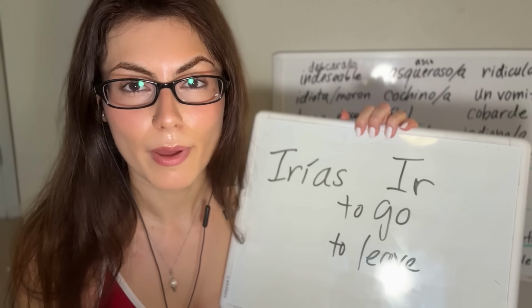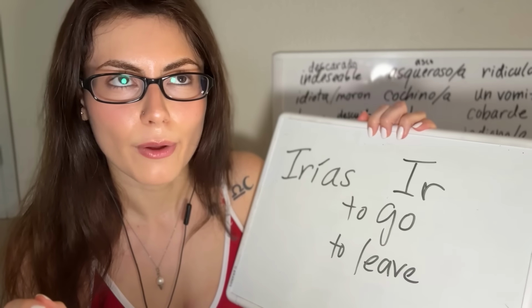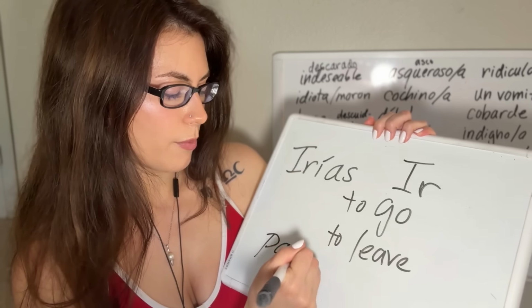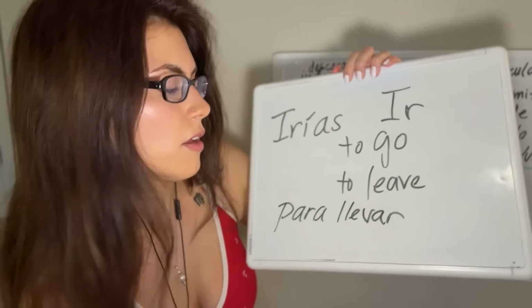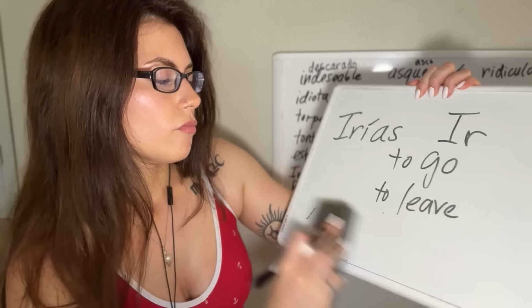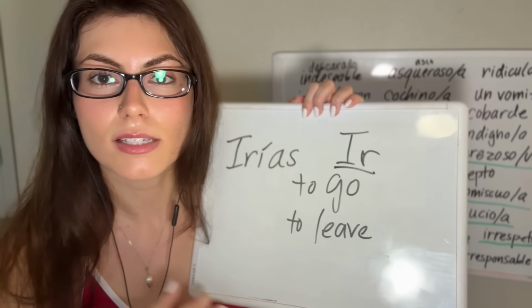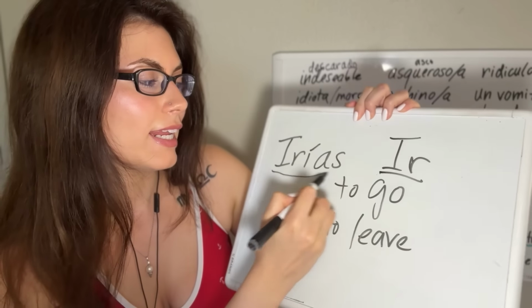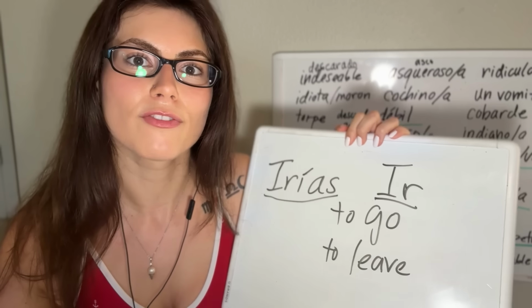If you're talking about takeout, you could say para llevar, to take. But when we're talking about this word ir, it means to go, to leave. Irías means you would leave. So hypothetically, you would leave.